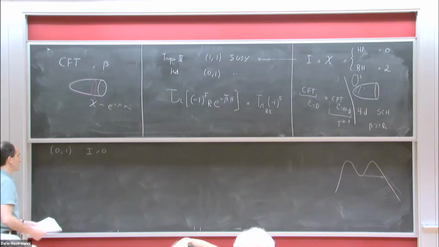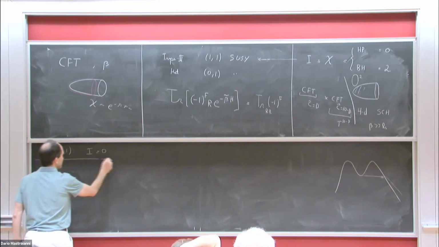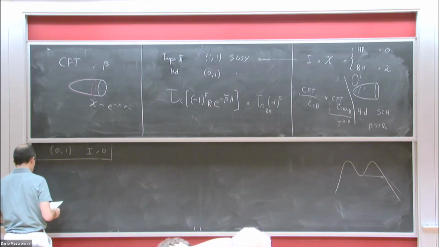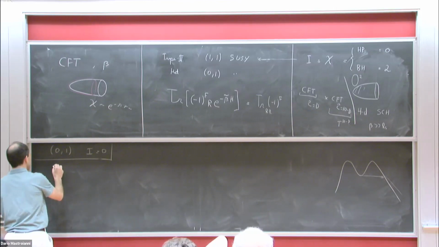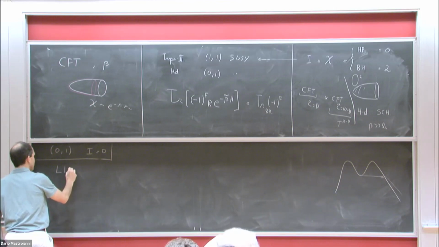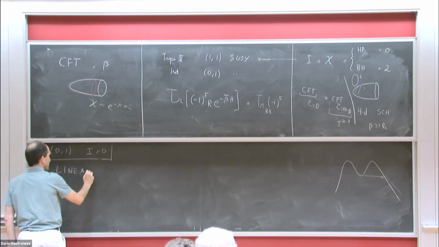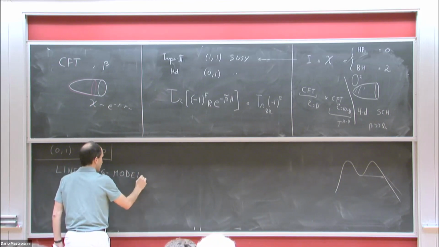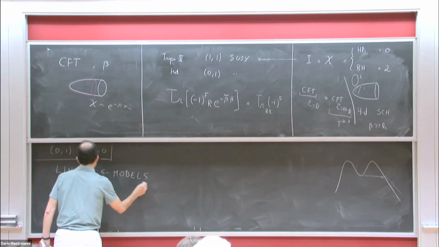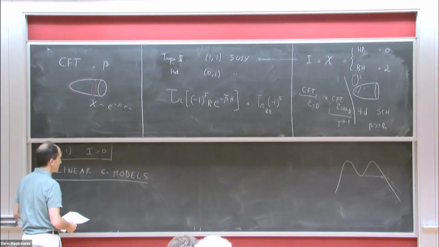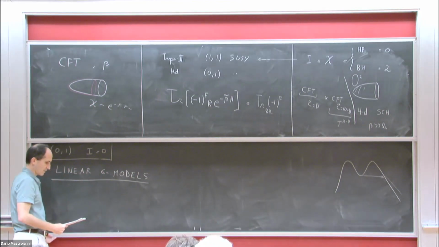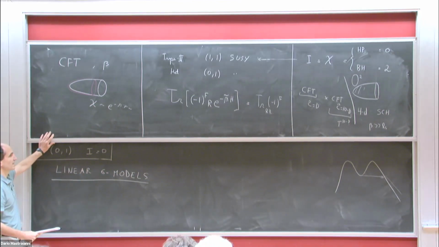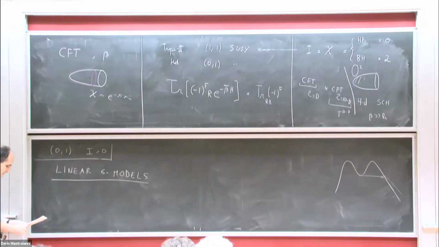Okay, so now this is just some first indication. So now there is a construction that is useful. A useful tool is to consider linear sigma models. This is a technique that Edward introduced to analyze mainly (2,2) theories, but we can also apply it for this problem.